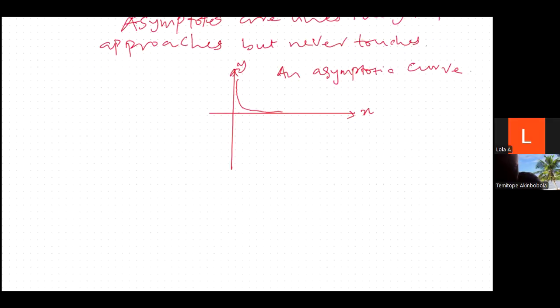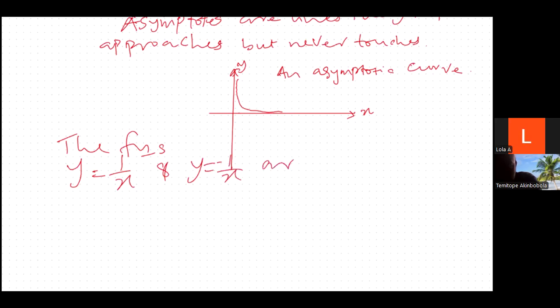The functions y equals 1 over x and y equals minus 1 over x are undefined when what? Look at these functions, 1 over x and minus 1 over x. When is the point where they will be undefined?